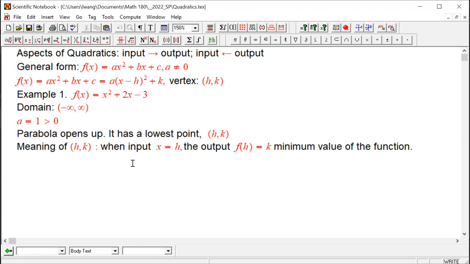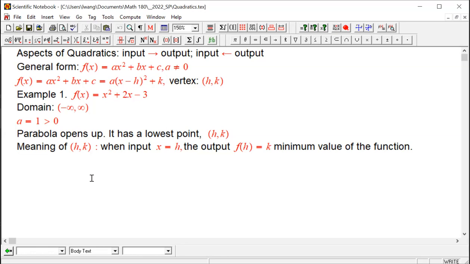Now, because we just have input and output, and since this parabola opens up, what we're going to do is, because our goal here is to sketch, along the way we're going to explore from input to output or from output to input, right?